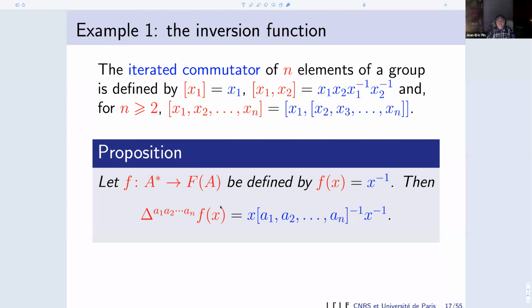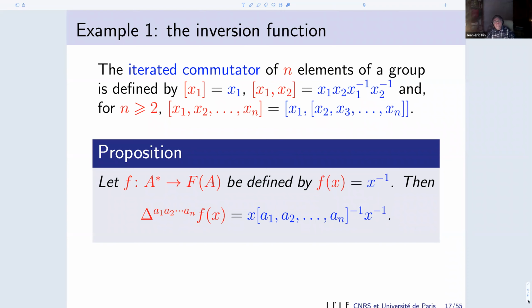So what you obtain is x, A1, AN, this extended iterated commutator, which is defined just above, x minus 1. That's a kind of curiosity that you obtain this. I will not detail this computation, but it's not very difficult to see if you take a paper.